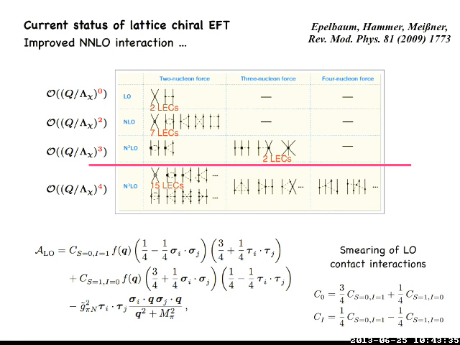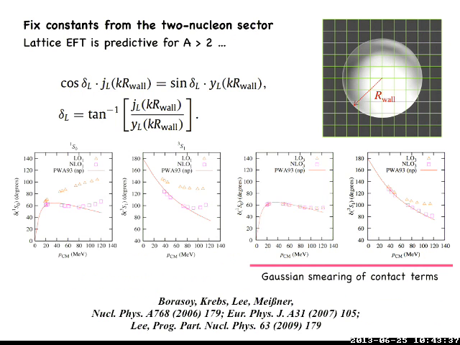So this is exactly how we determine the low energy constants. We look at the two-nucleon scattering. For example, here is NP scattering, these are the phase shifts in the S-wave channels.